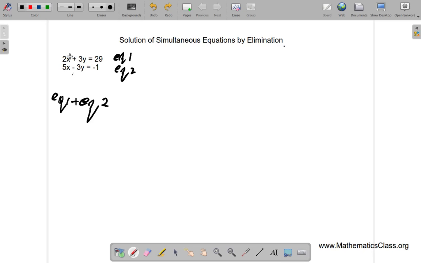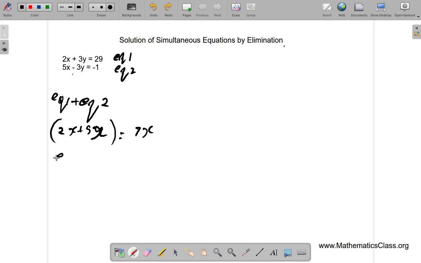So let's see. 2x plus 5x gives 7x. X was not eliminated. We need 0x to eliminate x. So we cannot eliminate x by adding the equations. Let's try subtracting the equations.